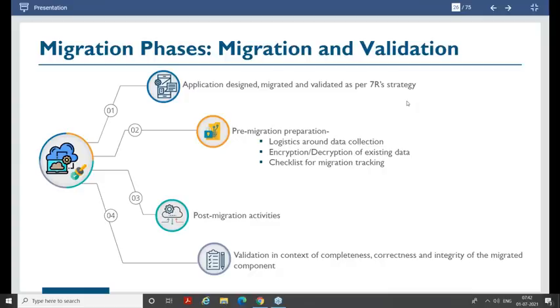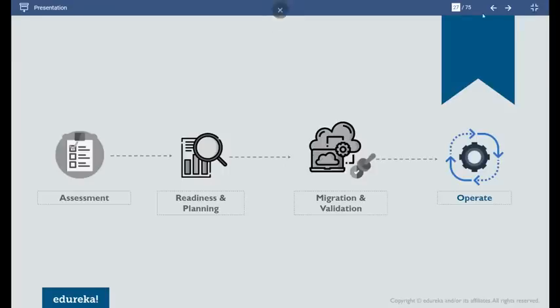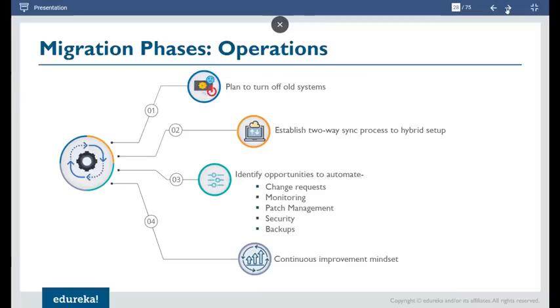You add some pre-migration preparations like your logistics around data collection, encryption, decryption, and a checklist for tracking your migration. Then you perform a post-migration checklist, and then you perform your validation checklist. So this is during your migration phases.